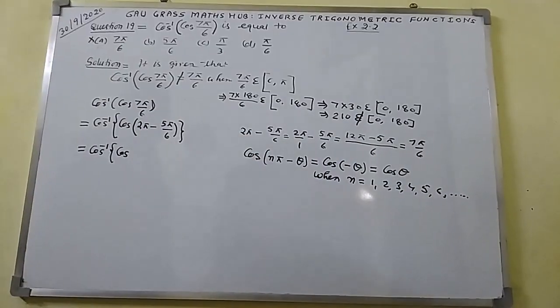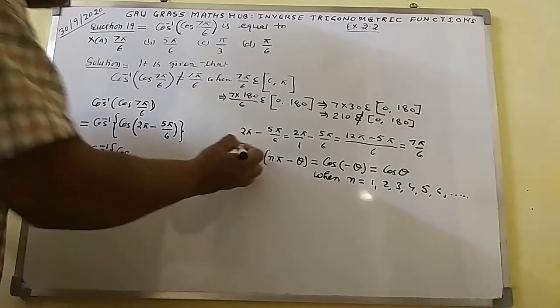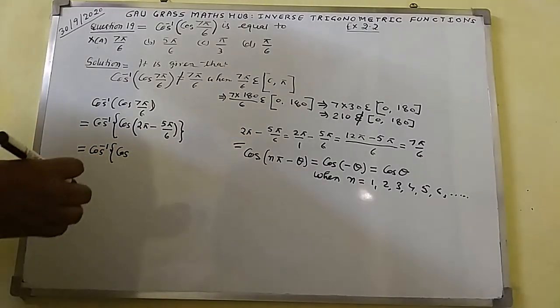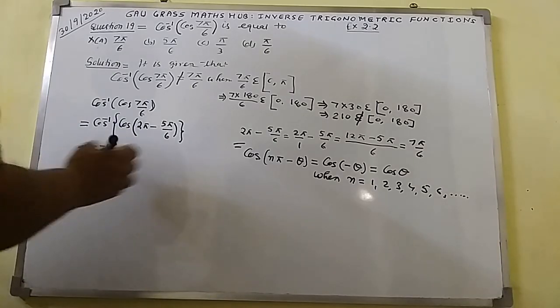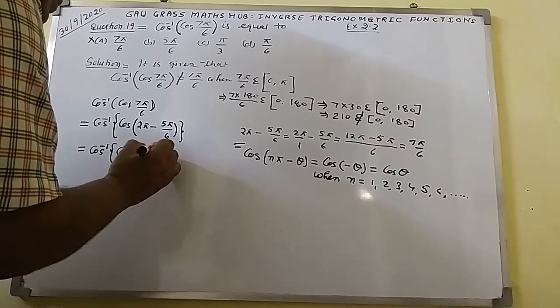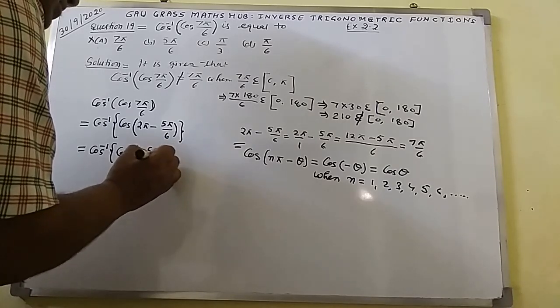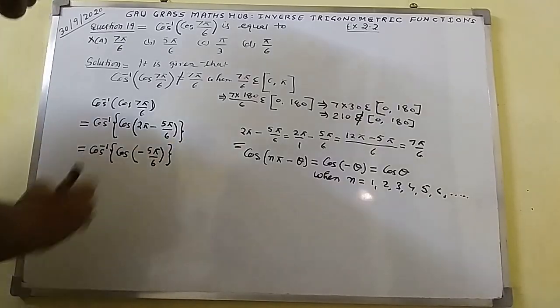On the pattern of this formula, you can write cos inverse, open curly bracket cos, in bracket minus 5 pi by 6, bracket close, curly bracket close.